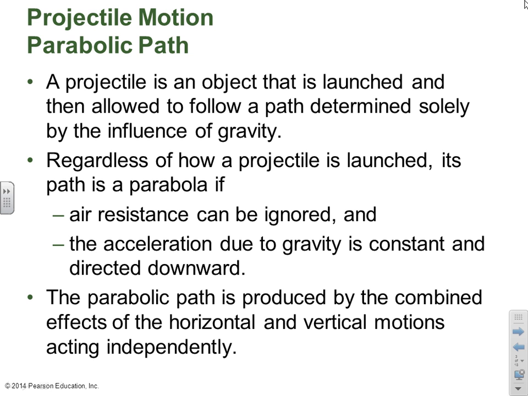So a projectile is an object that is under the influence solely of gravity, but that doesn't mean it's just moving up or down. It's moving both horizontally and vertically at the same time, but gravity is the only effect on it.